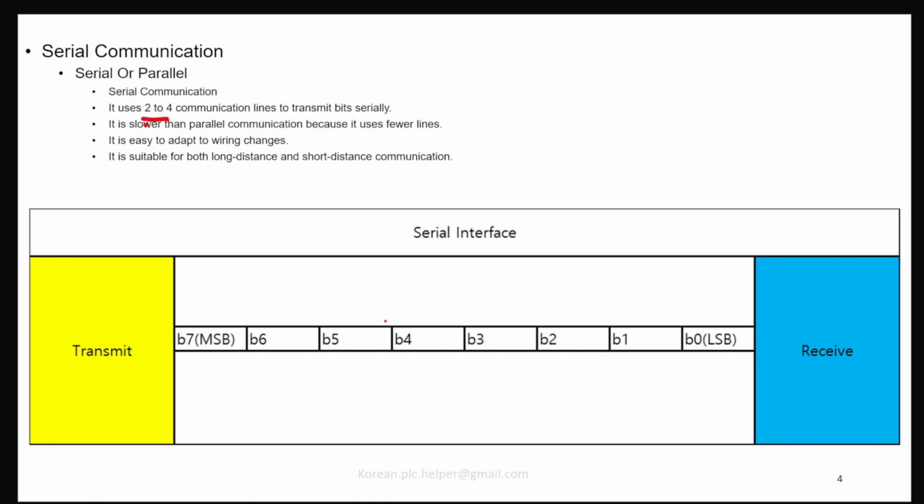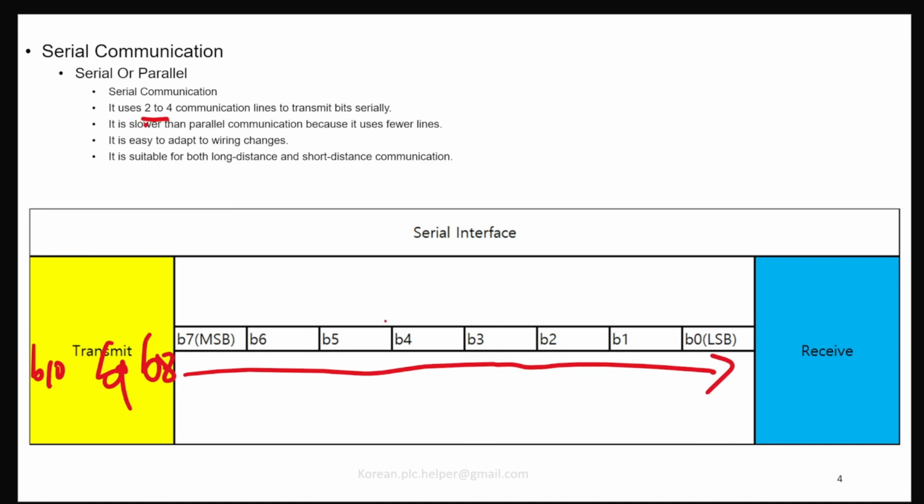As shown in this diagram, it transmits data serially, one bit at a time. Therefore, even when more data needs to be transmitted, additional communication lines do not have to be installed. We only need to increase the length of the transmitted data, like B8, B9, B10.